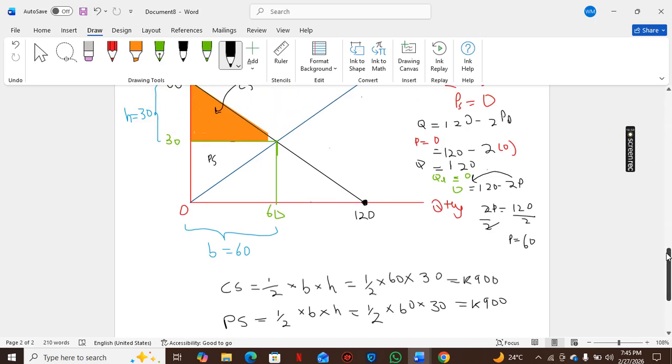Any questions, colleagues, before we move to the next part? So that's how you calculate your producer surplus and consumer surplus, just areas of the triangle.